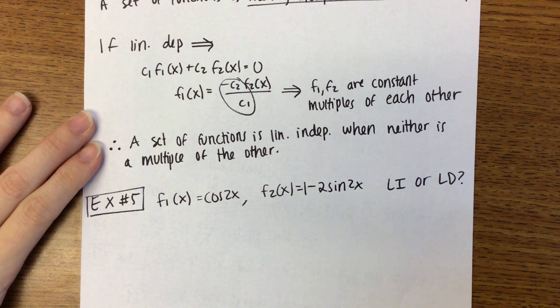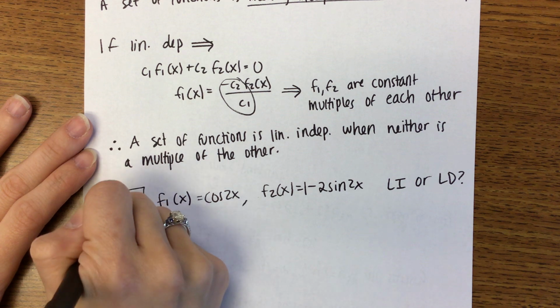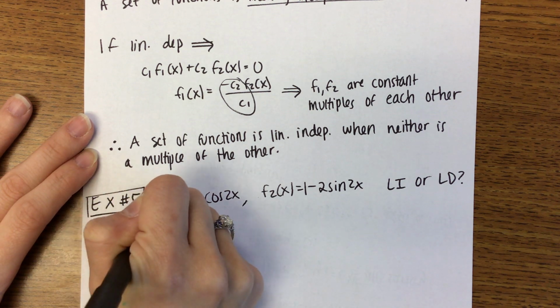Okay, looking right away, they're not constant multiples of each other right this instant. Is there a way that we can re-express that cosine of 2x?